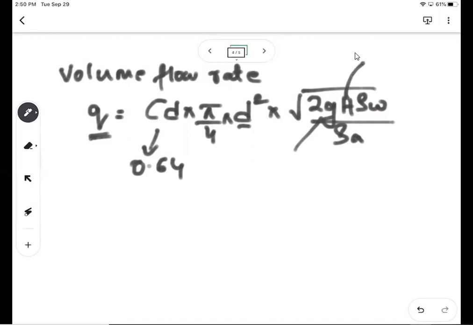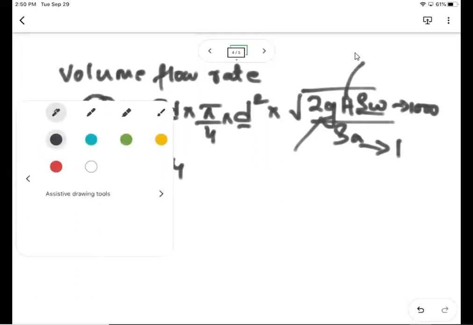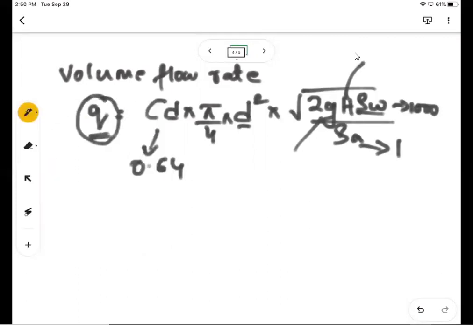The density of water is 1000 kg per meter cube, and the density of air we can consider as 1 kg per meter cube. From this expression we can find the volume flow rate, and once we find it, we have to multiply this volume flow rate with density to get the mass flow rate.